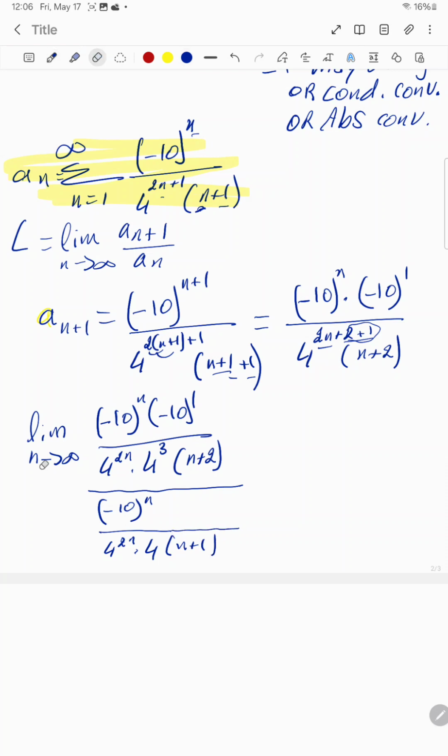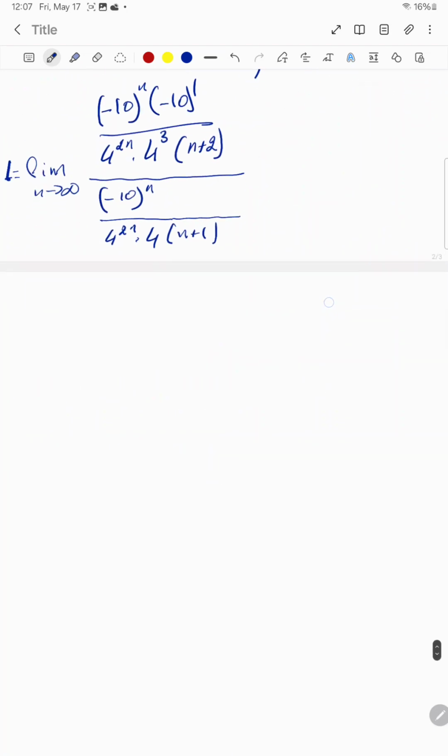So let's write the limit in the middle. Limit when n goes to infinity of this. So this is L equal limit when n goes to infinity. Let's write it the right way. So L equal limit when n goes to infinity. Okay. So I know if I have a division of two fractions, I can flip the denominator and make it a multiplication.